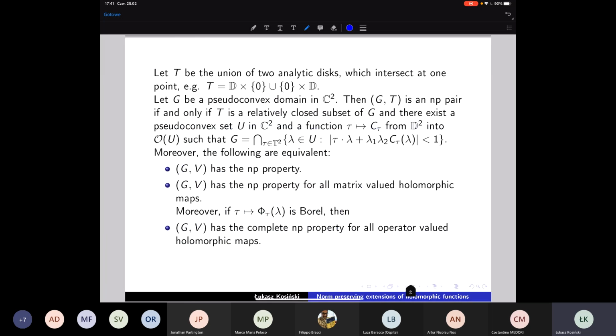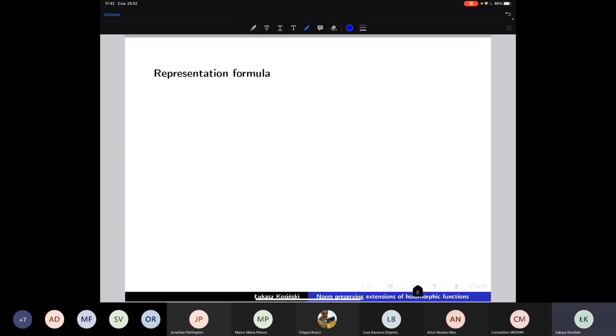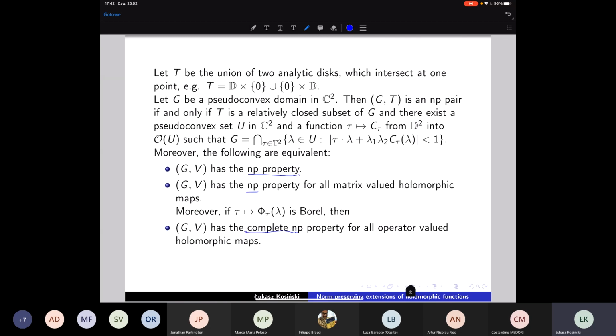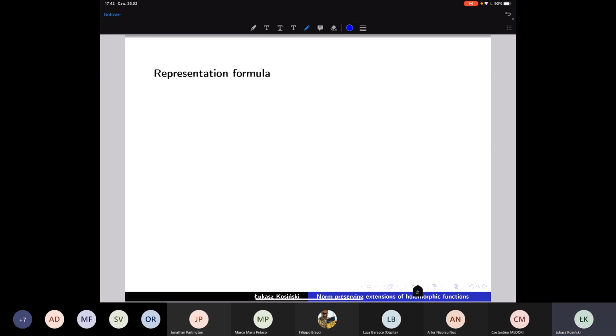Nevertheless, in this case, this GV has the NP property if and only if it is a complete NP pair. Okay, let me show you, because this is quite interesting in its own right, how to show this. And here we need to pass to Hilbert spaces.